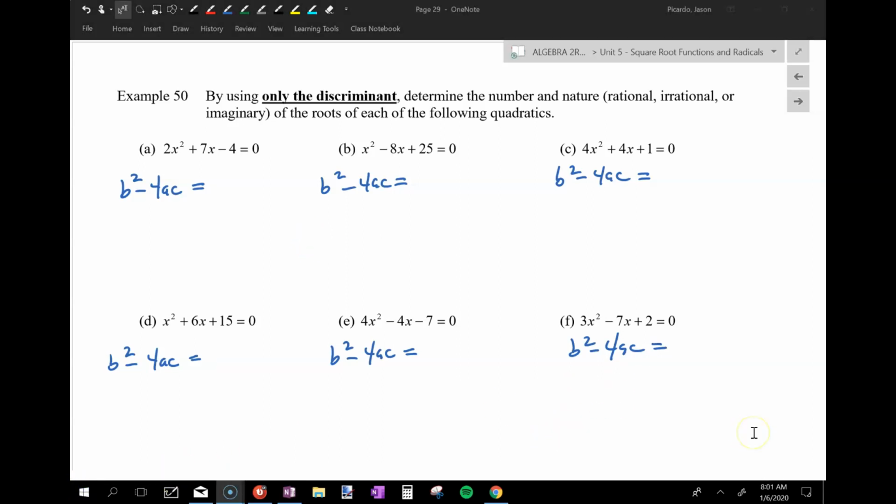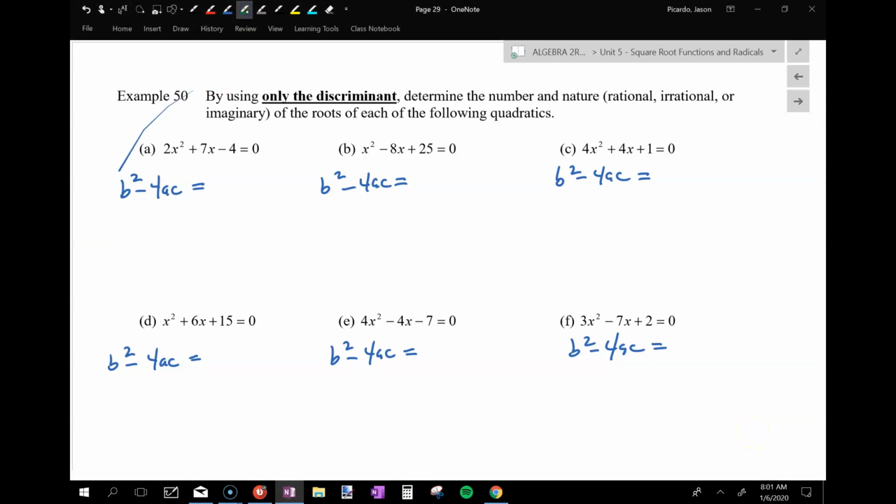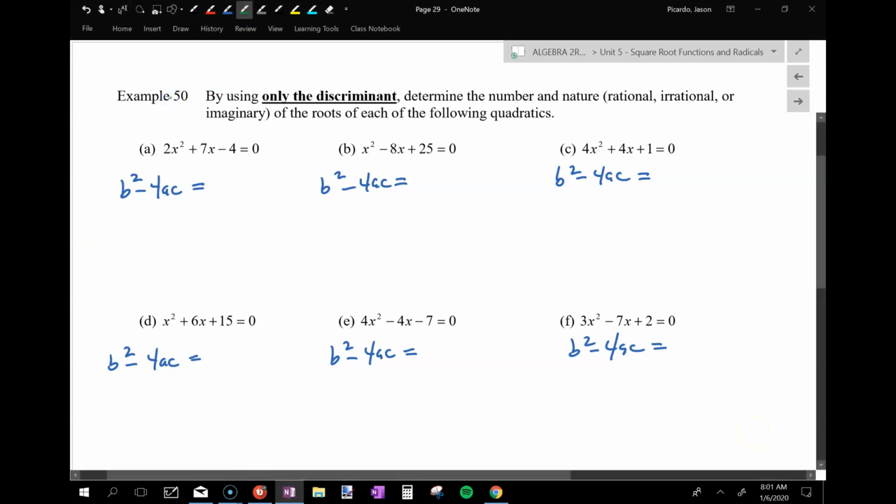What did we get for A? 81. For B? Negative 36. For C? 0.